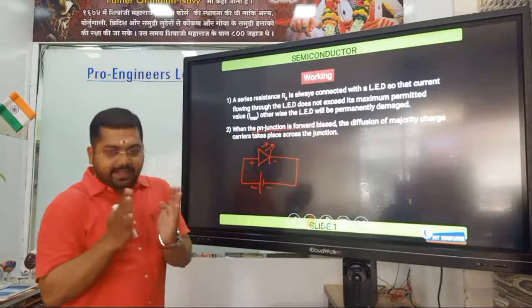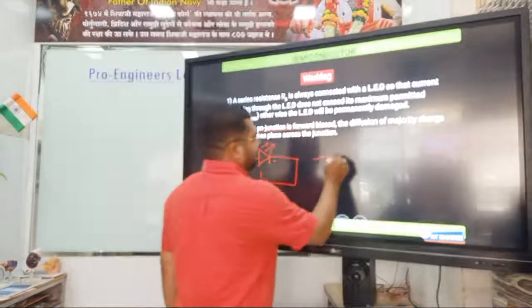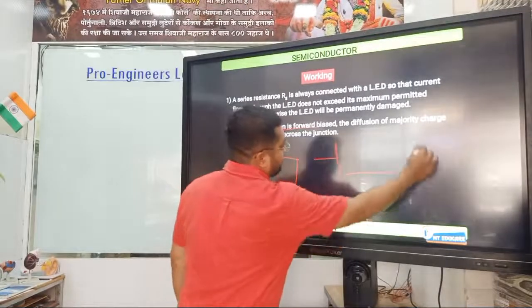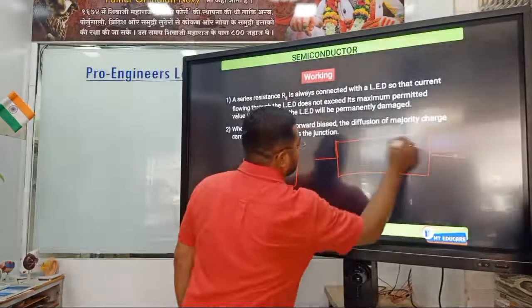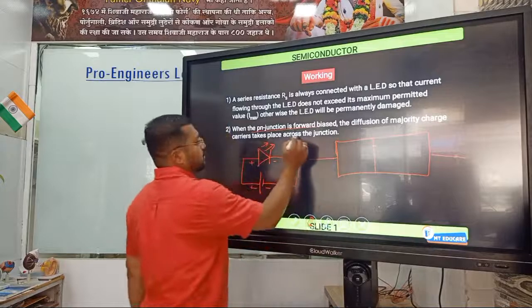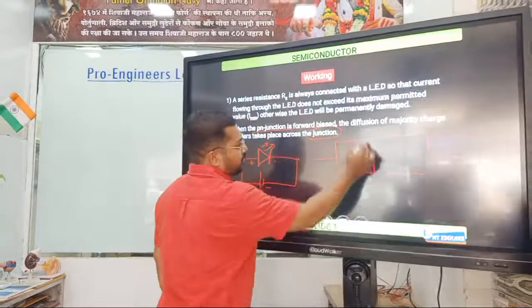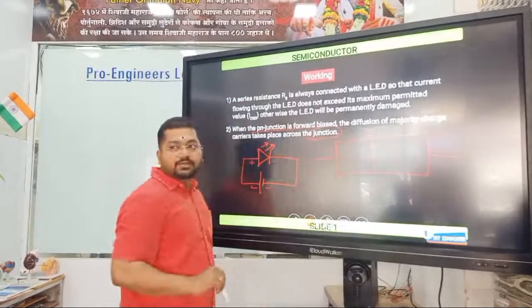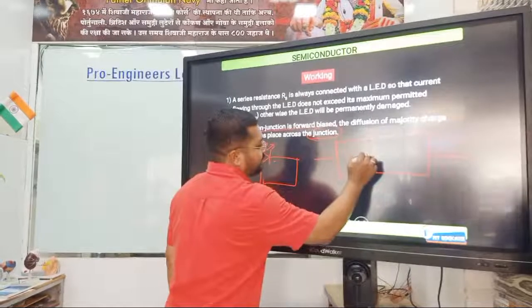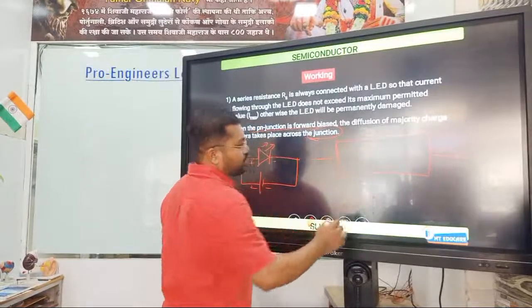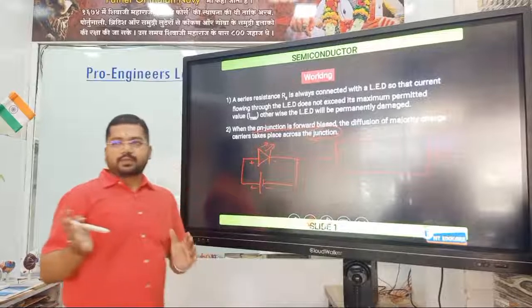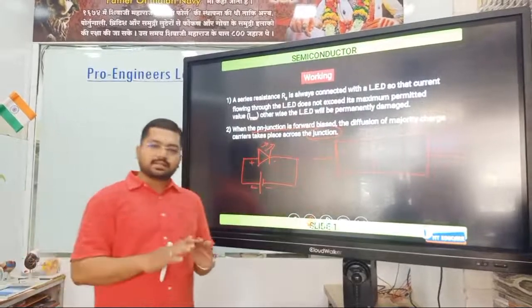Diffusion of majority carriers means, the middle point is the junction, and as we have discussed earlier, when two charges are opposite, they will attract each other.